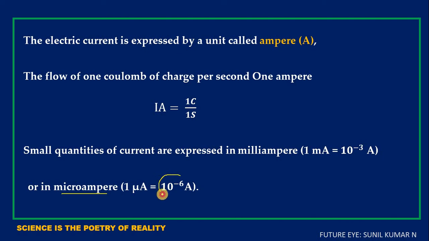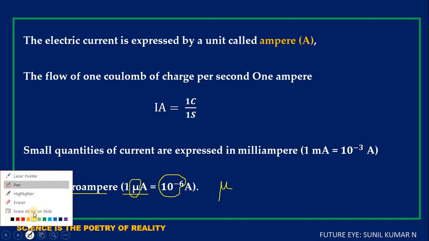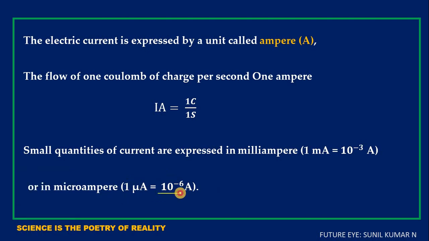Microampere means 10 to the power of minus 6, and we write it as 1 mu A. This is the symbol of mu, children. See, this is the way of writing mu: one line and a U you have to write, and you read it as mu. So 1 microampere is equal to 10 to the power of minus 6 ampere. 1 milliampere is equal to 10 to the power of minus 3 ampere.